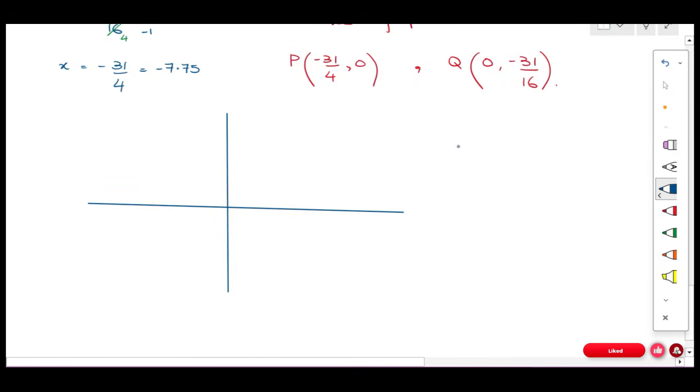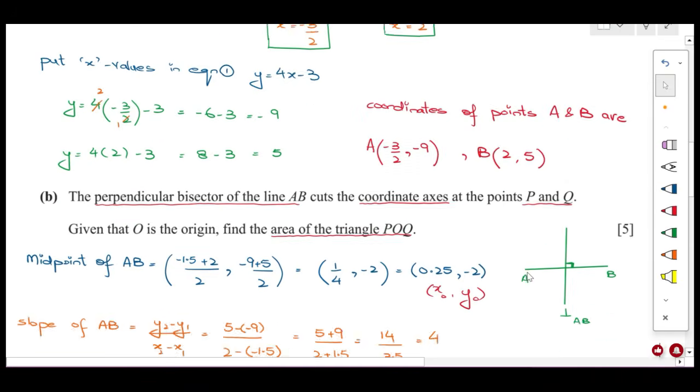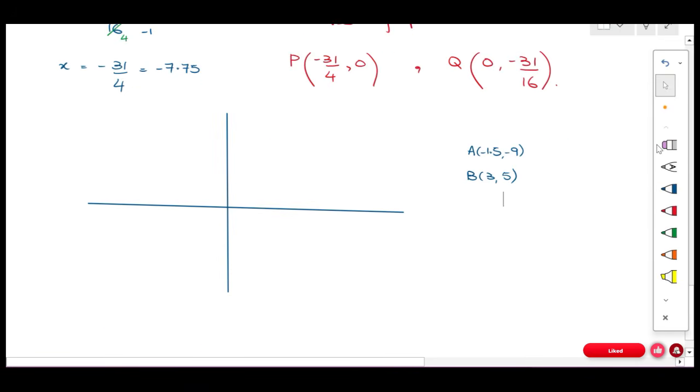What is A? Minus 1.5 and minus 9, and B is 2 and 5. Sorry, this one is 2 and 5.